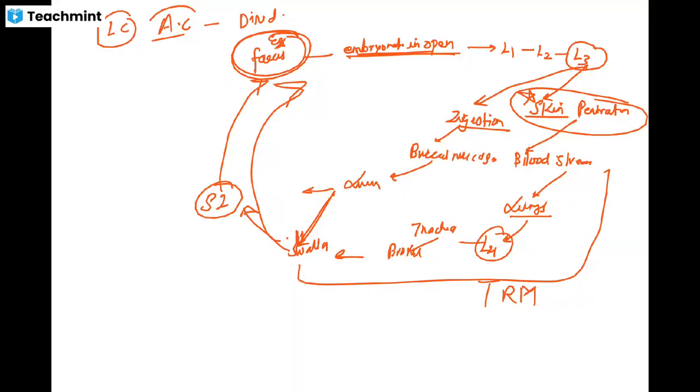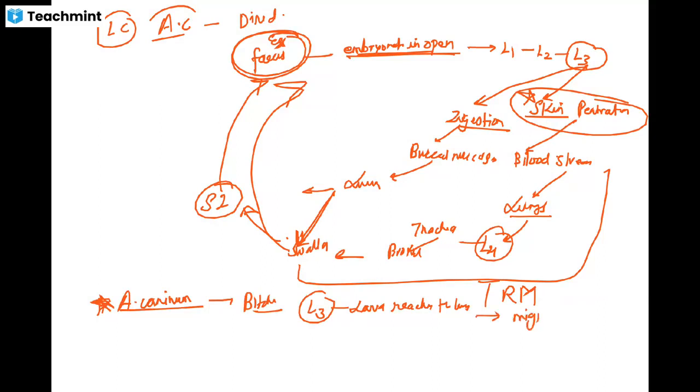In Ancylostoma caninum infection, an important thing is that the L3 larva also migrates to the skeletal muscles and remains dormant there.